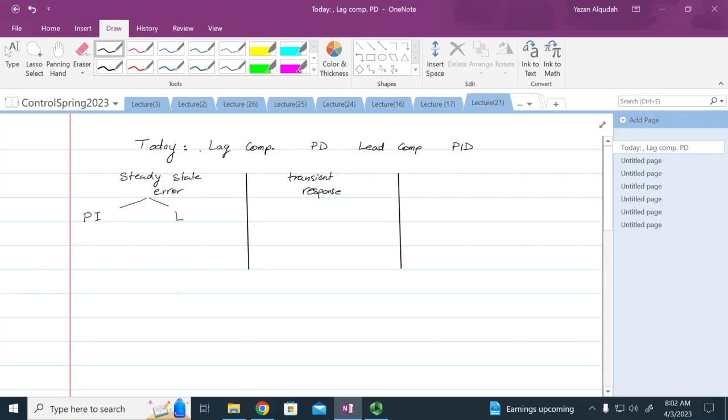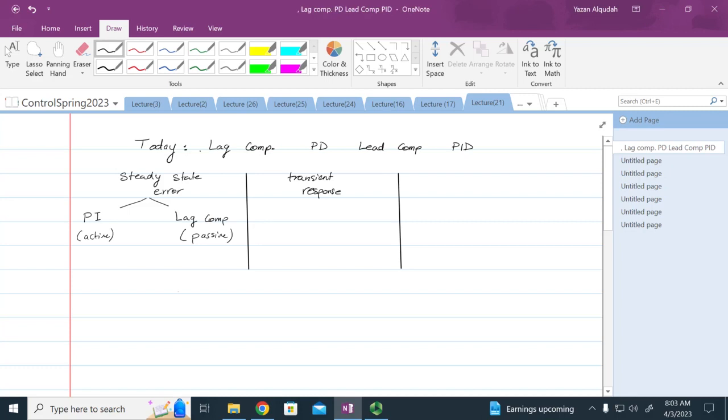Then we said we're going to look at the lag compensator, which we're going to be looking at now. We also said the difference between the PI controller and the lag compensator: the PI controller uses an active circuit and requires an op-amp, while the lag compensator is just a passive circuit and does not require an active circuit.